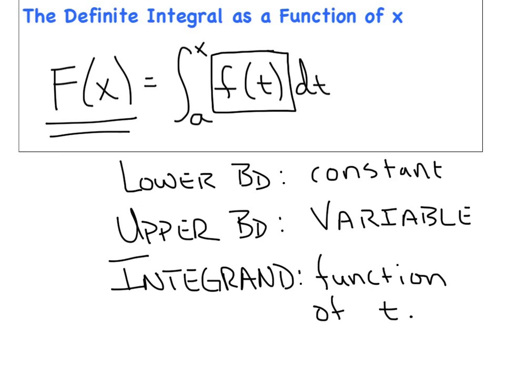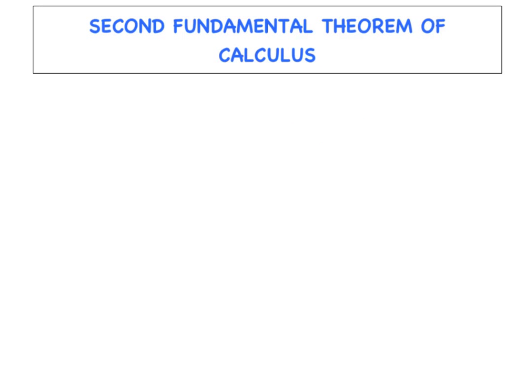There has to be a difference. So in other words, if I put x's right here, then that means I'm not allowed to put x's right here. They have to be different variables. All right, so let's put that in our notebook as well. We've got to use different variables. Not to say that the t's will always be t's, but it'll be a variable that's different than x in that particular case.